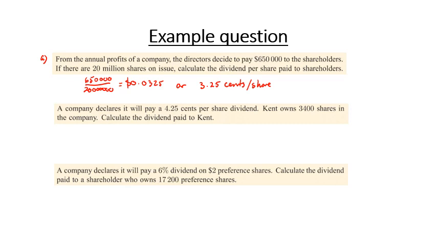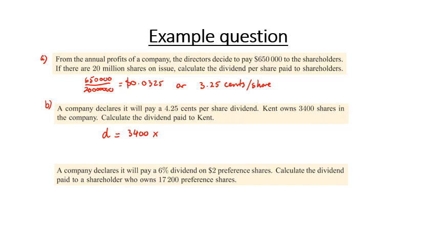Question B says a company declares it'll pay a 4.25 cents per share dividend. Kent owns 3,400 shares in the company, so we want to work out how much he's going to get. So the dividend paid, I'll use D for dividend, is going to be the number of shares that he owns multiplied by the dividend per share.